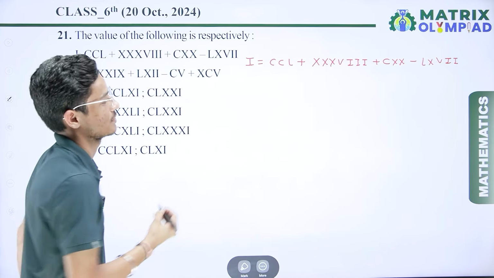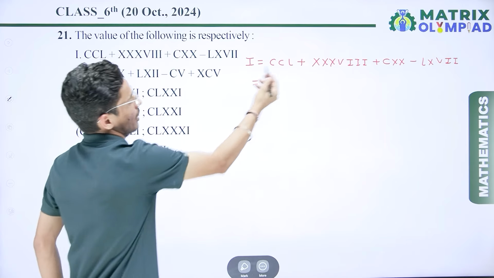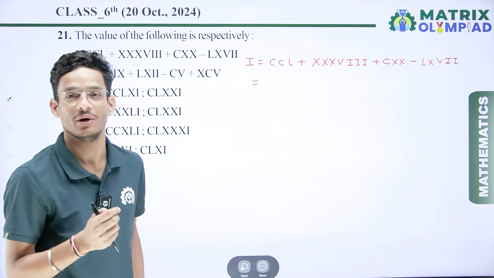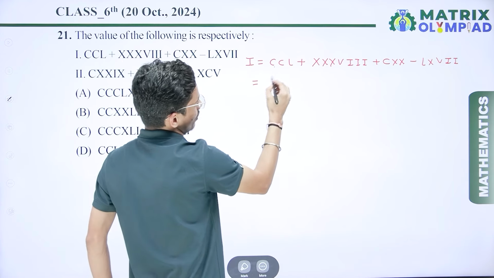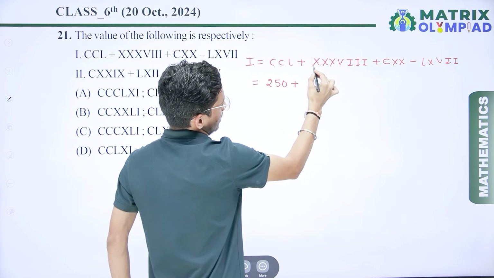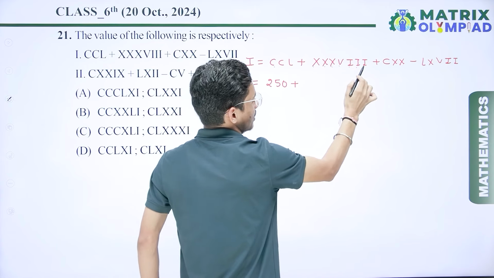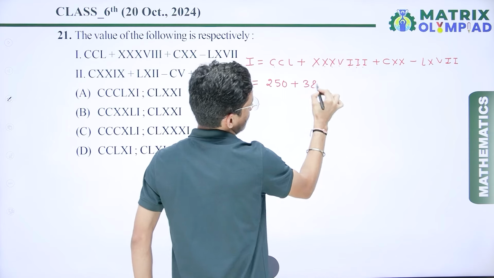So simply we have to solve this one. So we know C means 100. So 100 plus 100, 200, and 200 plus L means 50. So 250 plus that is 10, 20, 30, 35, 36, 37, 38. So here I can say that 38.